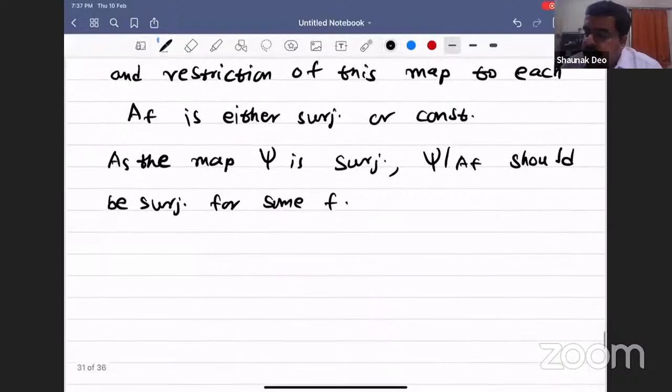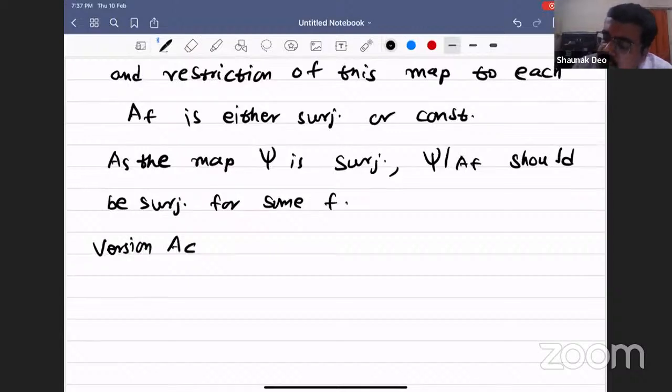And if you want the second direction, it's even easier, I think, because you have version AC implying version JC.